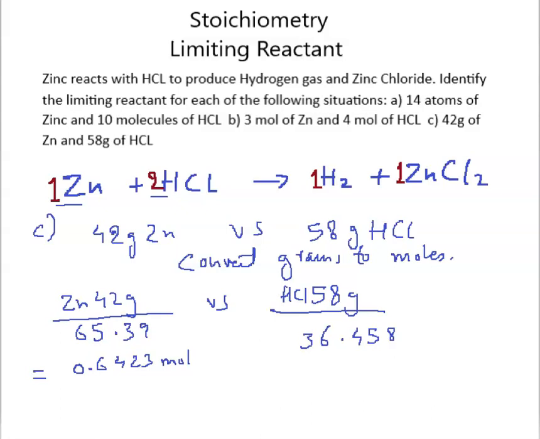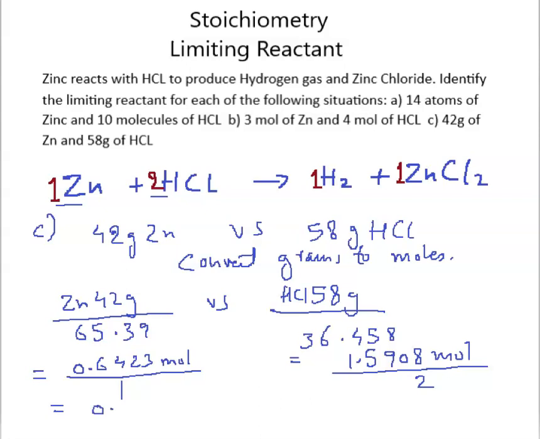And over here we get 1.5908 moles. So again, the molar coefficient 1 and 2. So moles per coefficient. So if we divide this by 1, divide this by 2, we should get moles per coefficient.